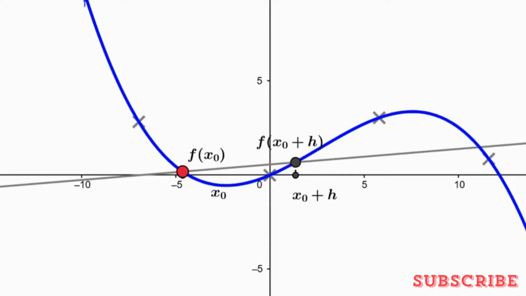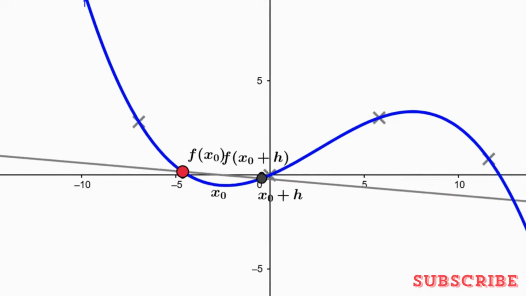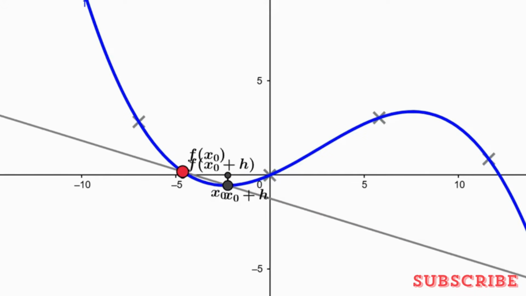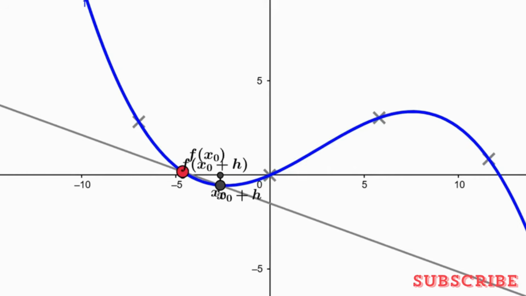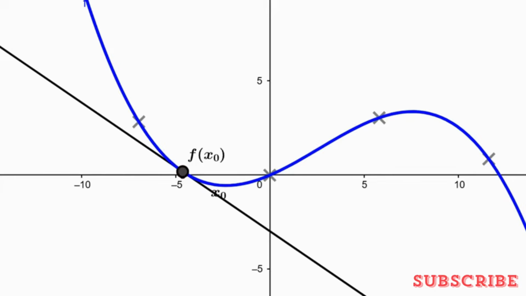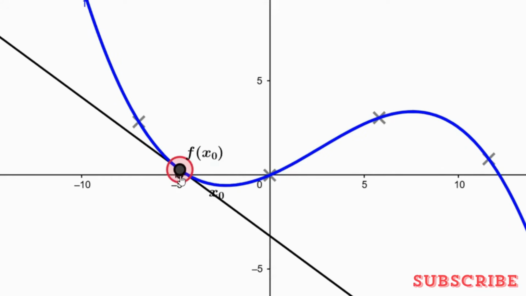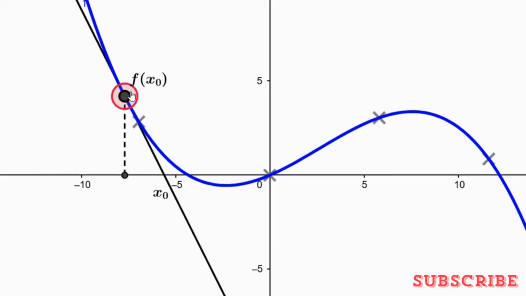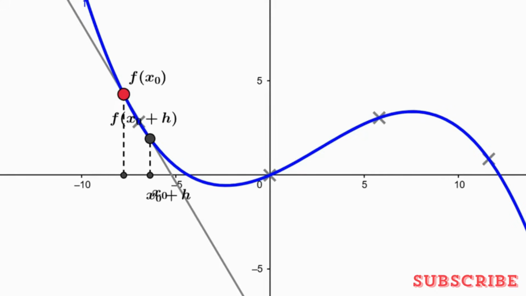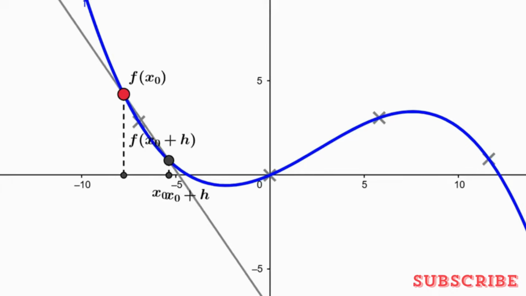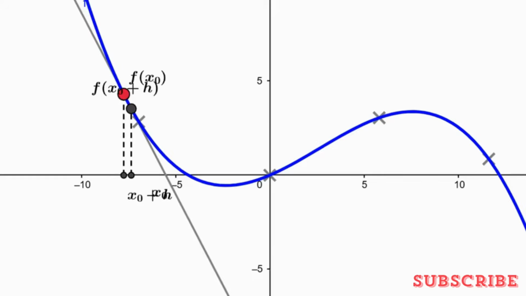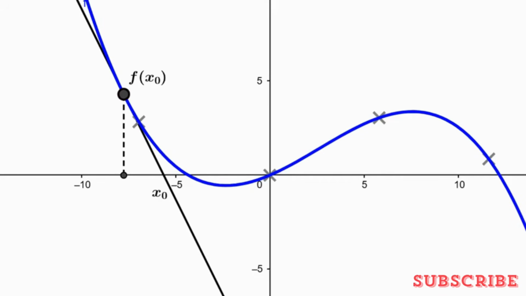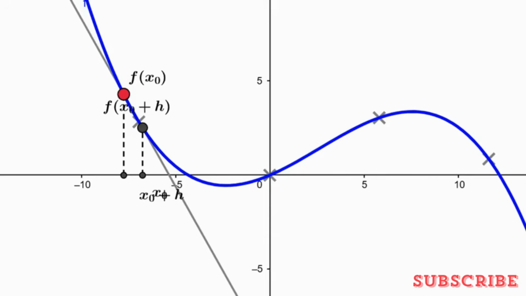So if we reduce the gap between these 2 points, and we call it h, if we slowly keep on reducing this value and these 2 points merge with each other, in that case the length of this chord becomes 0, and so we can clearly see that the secant becomes the tangent. That moment is actually the derivative.